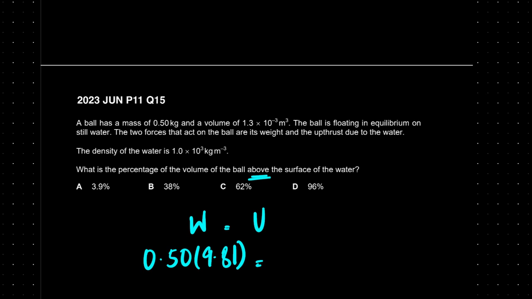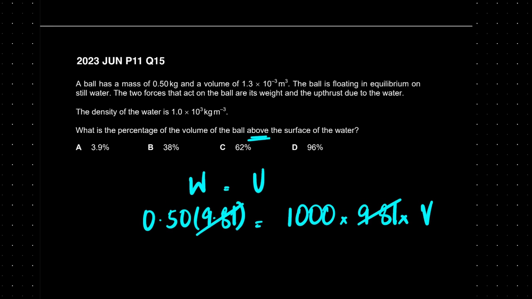So rho is 1000 as is given, g is 9.81, and again in this formula what V gives me is the volume which is below the water, right? Because upthrust only acts on the volume of the water which is displaced, which would only be displaced by whatever of this object is below the water. So 9.81 obviously cancels out. So 0.5 over 1000.